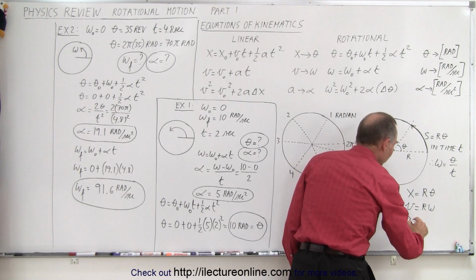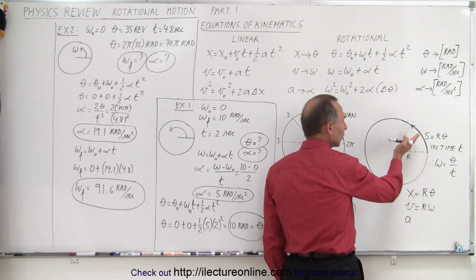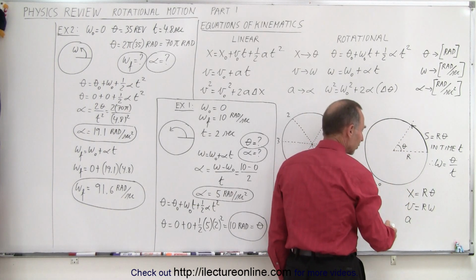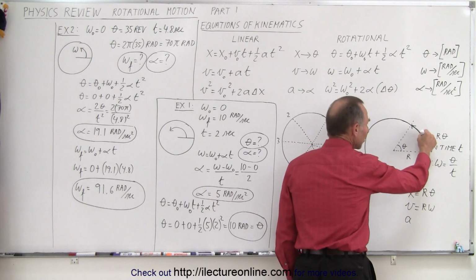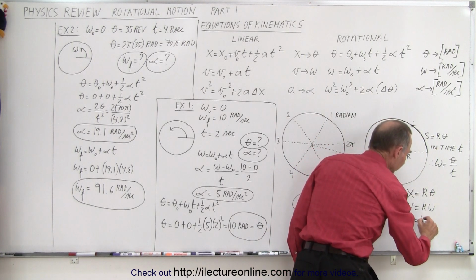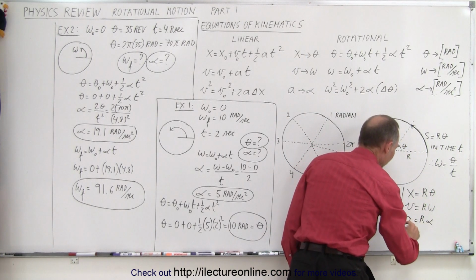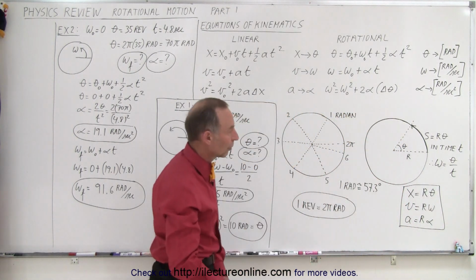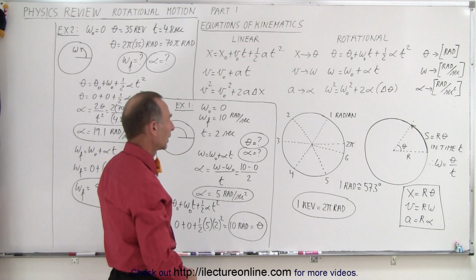And if we change the speed at which we travel around the circle, there's therefore an angular acceleration, and the linear acceleration along the circle is equal to r times alpha. So we also have these relationships between the linear motion and the angular motion.